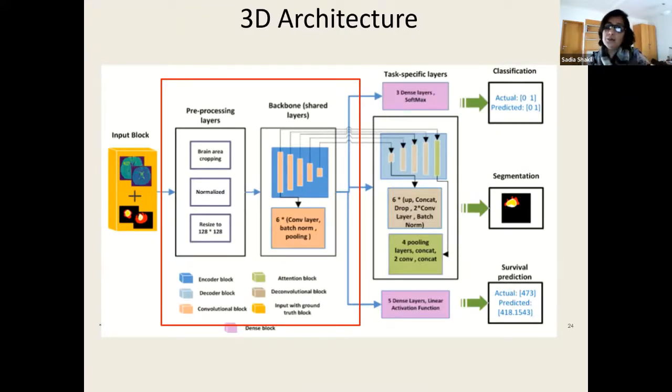So with each volume, we attached a tag, which was again given to us by radiologists, whether this tumor was high grade or low grade. And then in addition to that, we provided the segmentation, the same thing that we provided previously. And in addition to that, with every volume, we provided the information about the number of days that the patient survived after the tumor diagnosis.